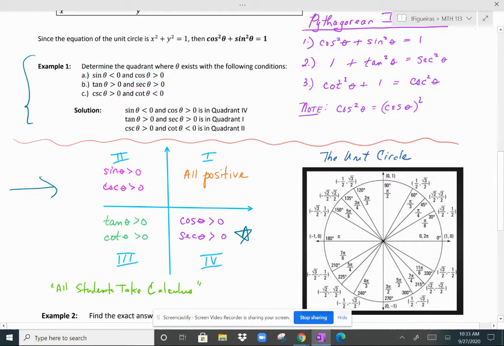Part B is asking where is tangent positive and secant positive?